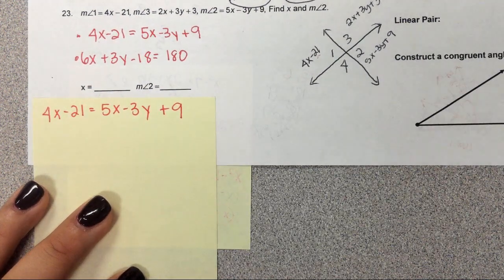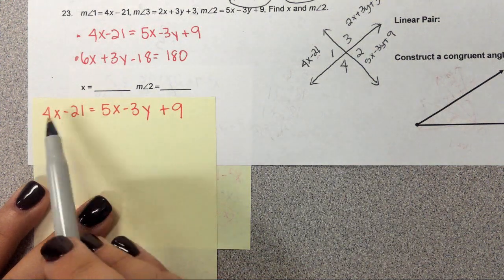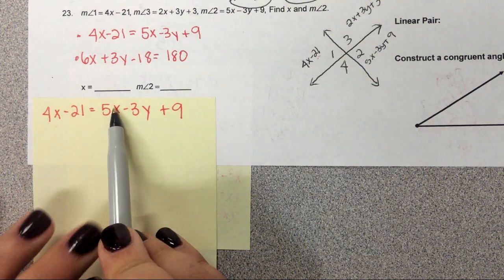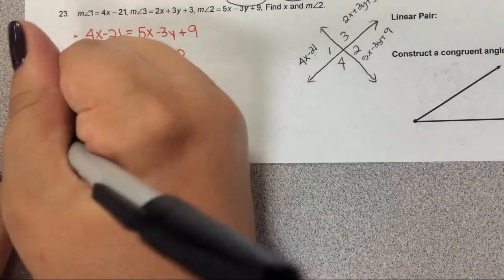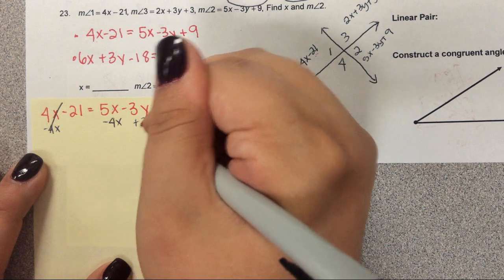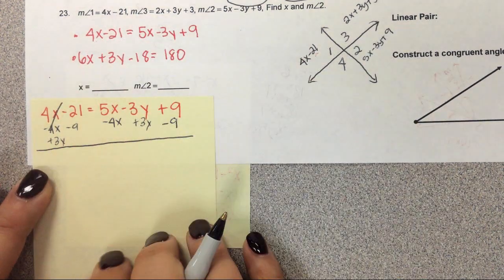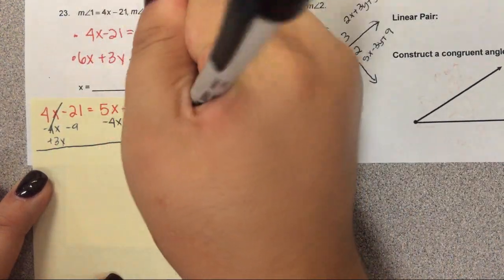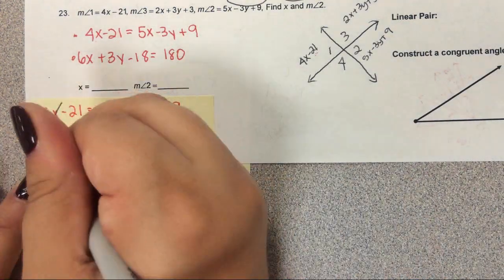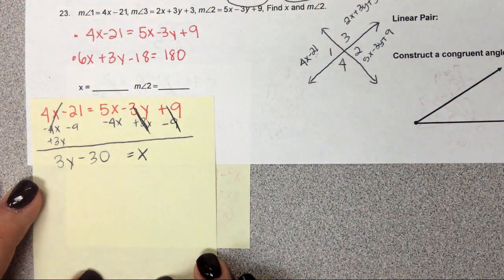If I move these to this side and move the x over here, do you see how if I minus 4x, it'll get an x by itself? Okay, so I'm going to minus 4x. And then I'm going to add 3y and subtract 9. So over here, that's crossing out, that's crossing out. All I have is x by itself. And then over here, I would have 3y minus 30. Does that make sense?